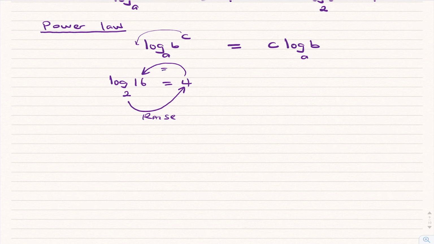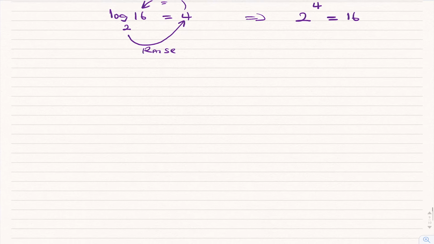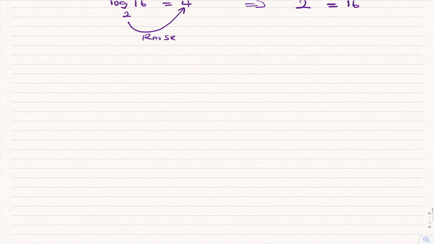So we get 2 raised to the power of 4 equals 16. So we'll get back to where we started from again. That's the relationship between logarithm and exponential function. In this definition, we can see a relationship between logarithm and exponential function.